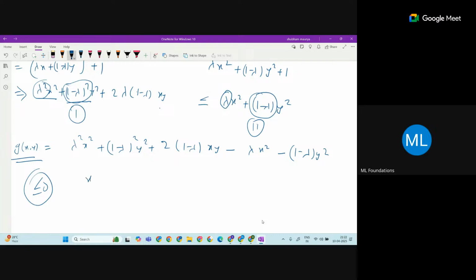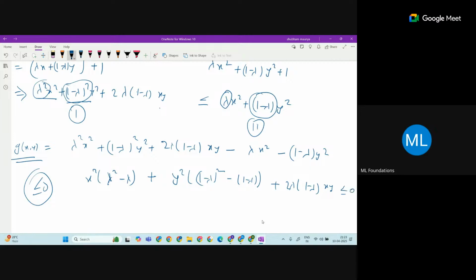If you take x square common, we have lambda square minus lambda, plus y square times 1 minus lambda square minus 1 minus lambda, plus 2 times 1 minus lambda, lambda, which I missed here, x y. Now what can we say about this?